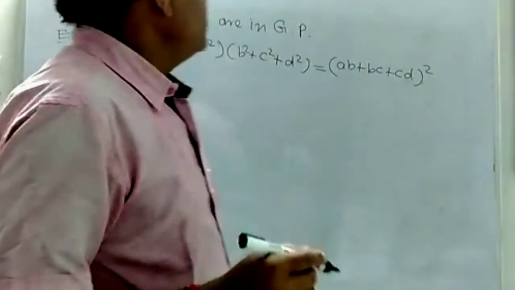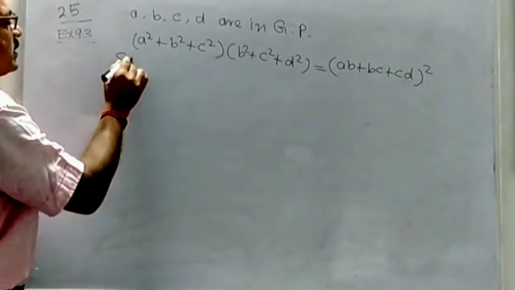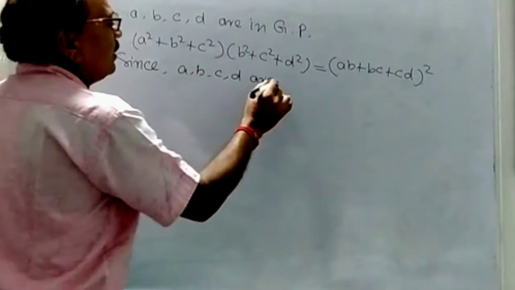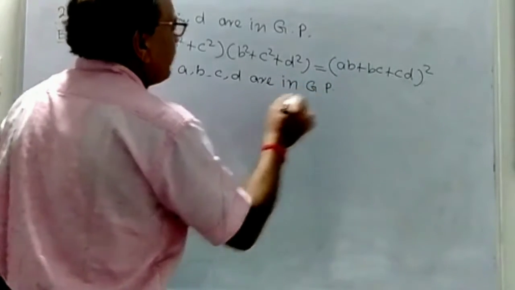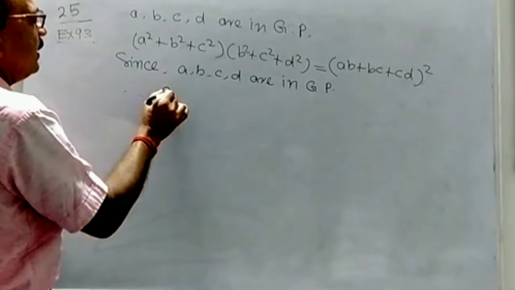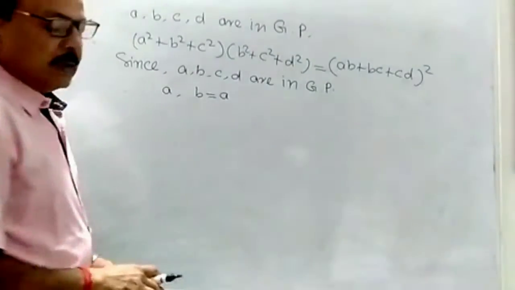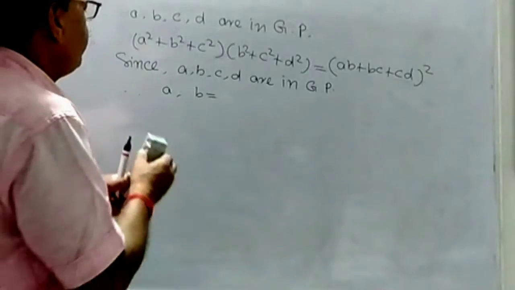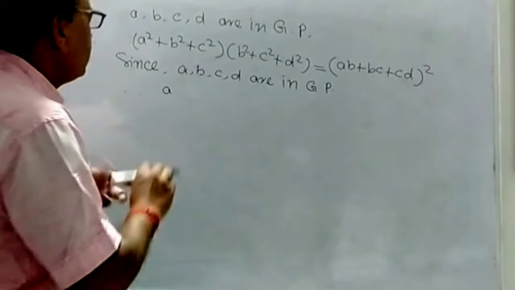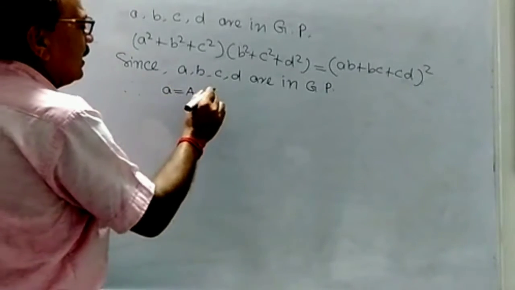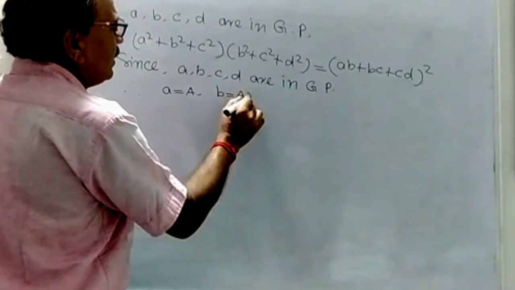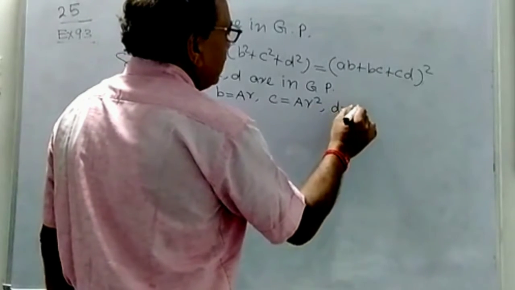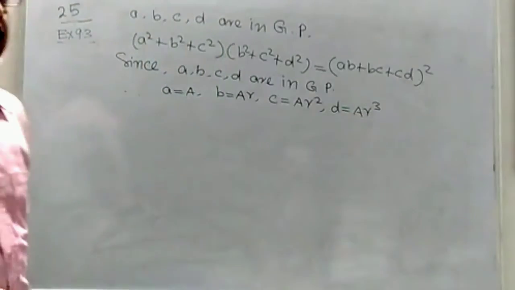So now prove this. Since A, B, C, D are in GP, therefore, if A is the first term and R is the common ratio, then B is AR, C is AR square and D is AR cube.